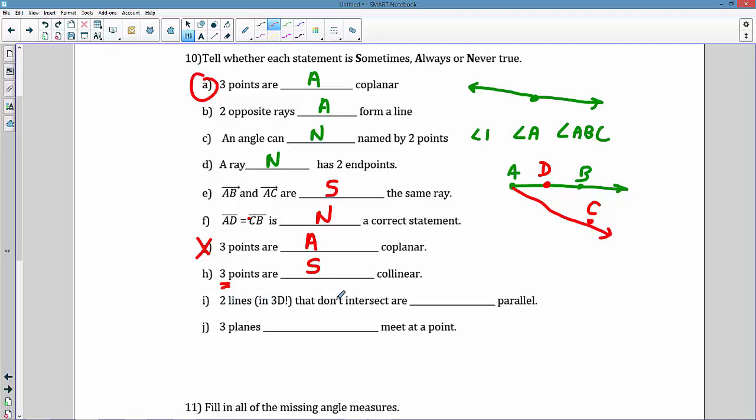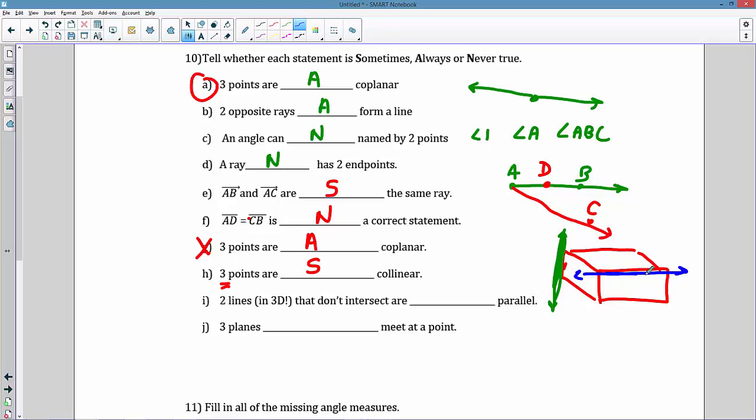Okay, 2 lines in 3D that don't intersect are what? Sometimes parallel. We just covered that, right? If you think about the side of a box, that's the best example, and you saw this on the other sheet. Think about a 3D box. This line going up the back, and this line going across the front.